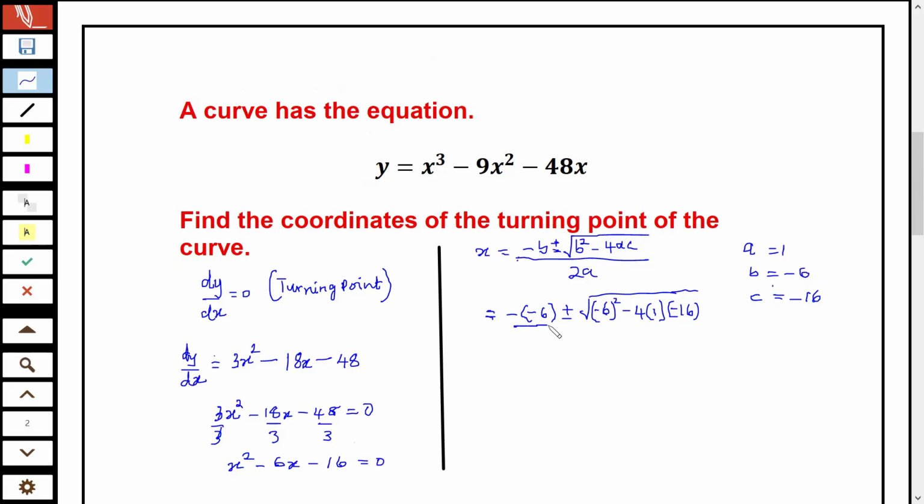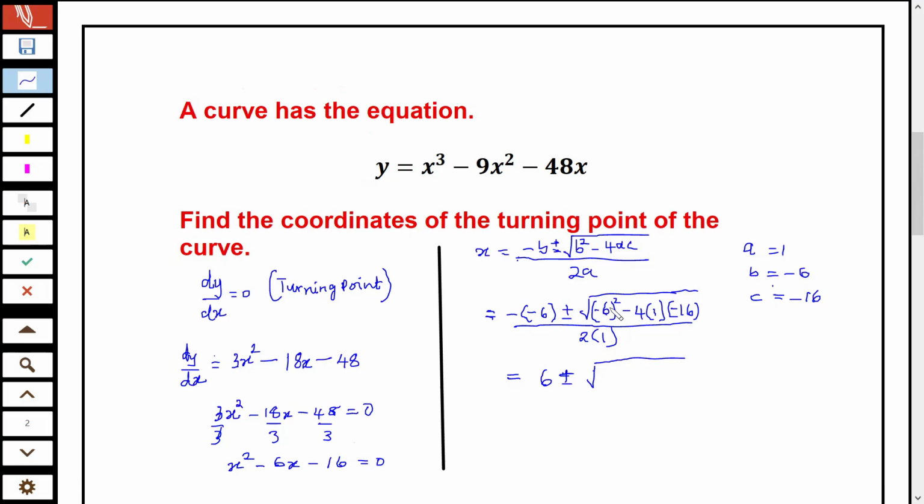over 2a, which is 2 times 1. Now, negative times negative gives positive, so we're going to get a +6 plus or minus the square root of.